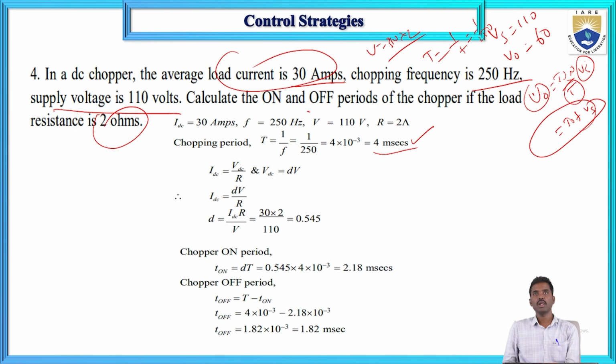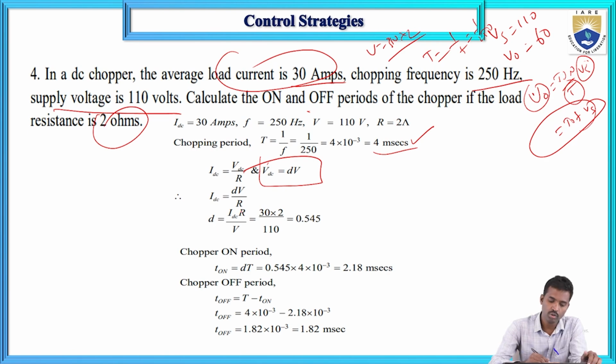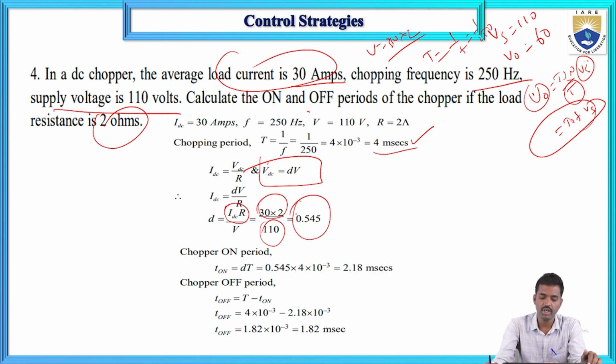Now what is the formula for VDC? V0 equals delta into Vs. So delta equals output voltage by Vs, that is 60 by 110, that equals 0.545.